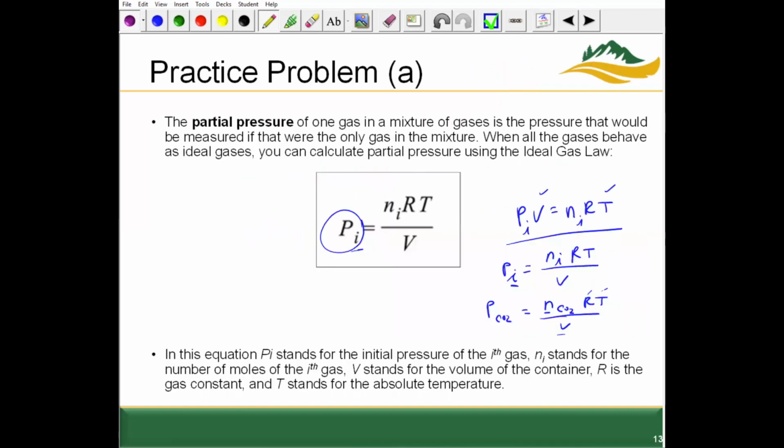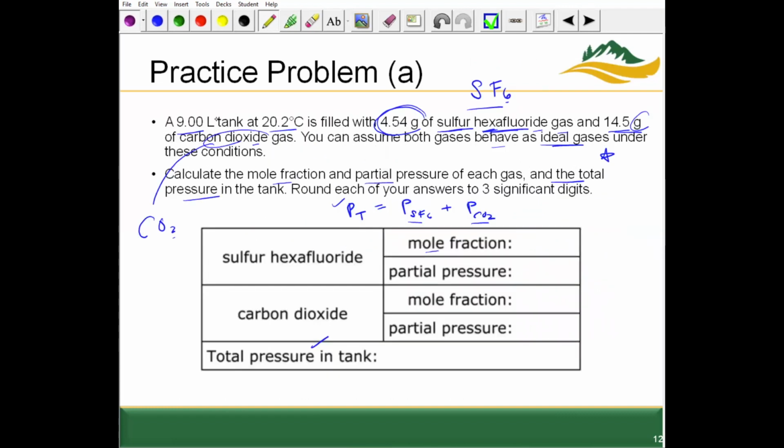Going back to our ideal gas law, now we have n. We can plug in something for our gas constant R. Do we have a temperature and volume? Let's see. We're told we're working at 9.00 liters and at 20.2 degrees Celsius. We know for these gas law problems, we should take 20.2 degrees Celsius plus 273.15 to get our temperature into Kelvin.